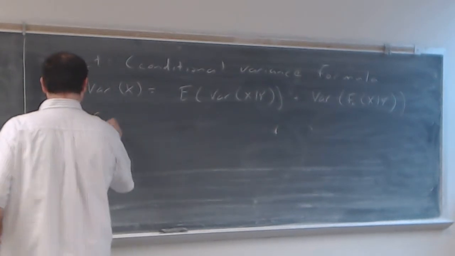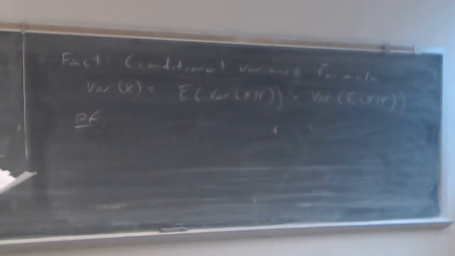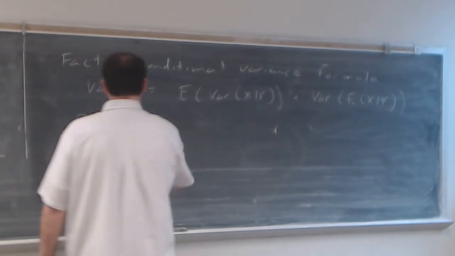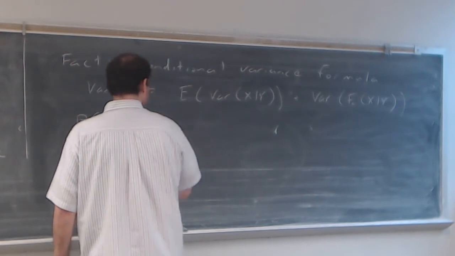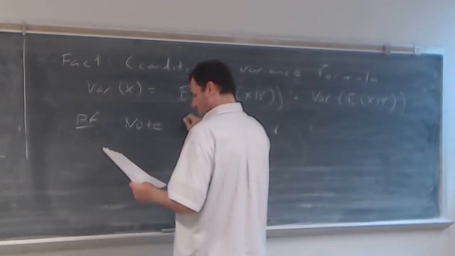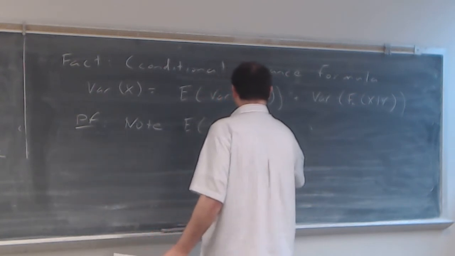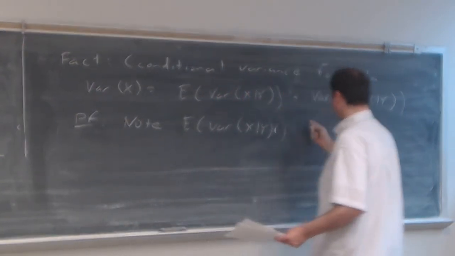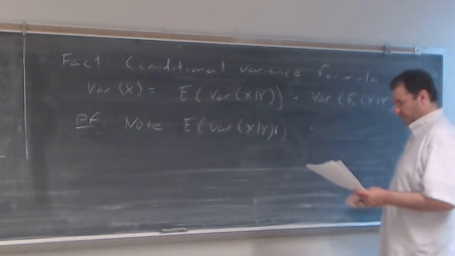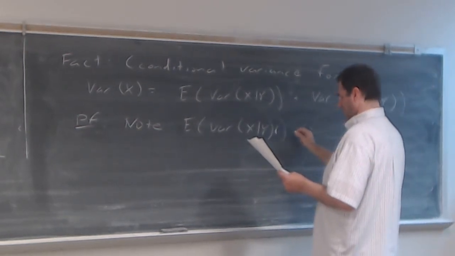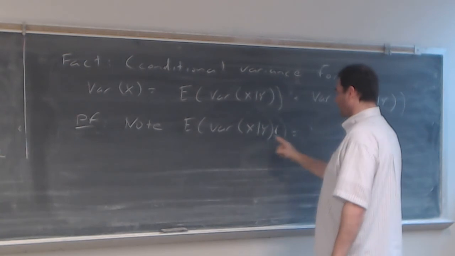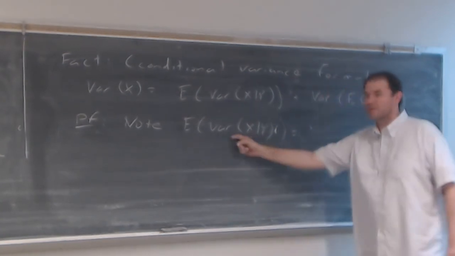So we're going to look at each part. Note, we're going to start off with the expected value of the variance of x given y. Well, we've learned a formula for the conditional variance.